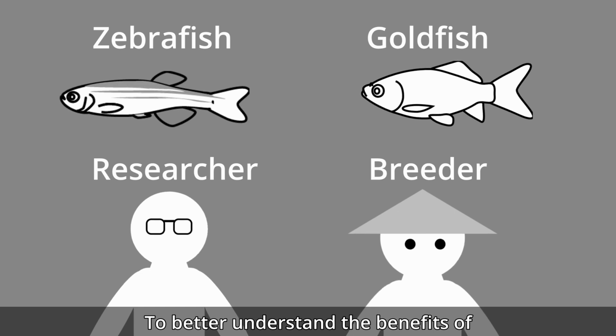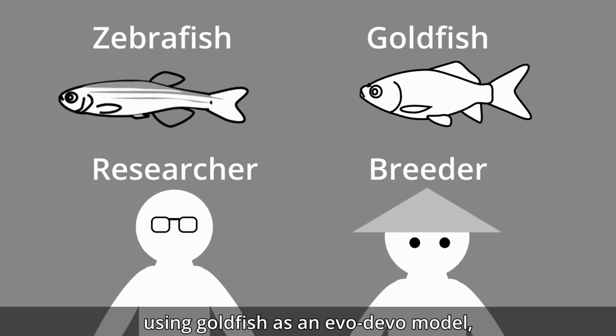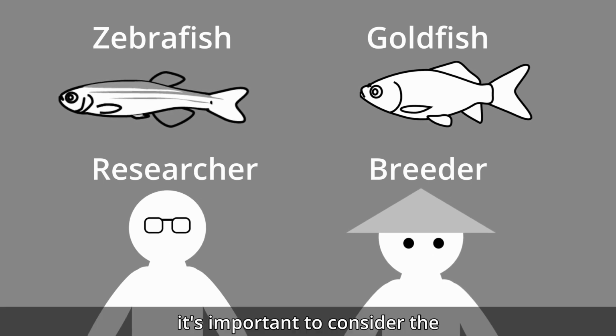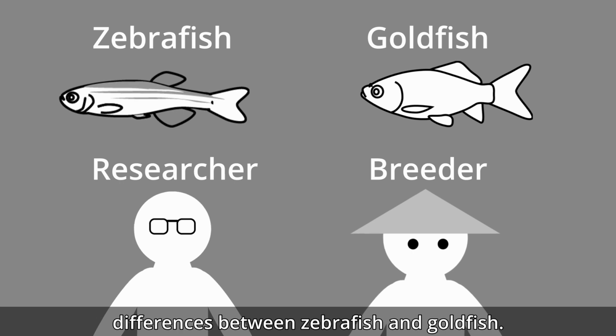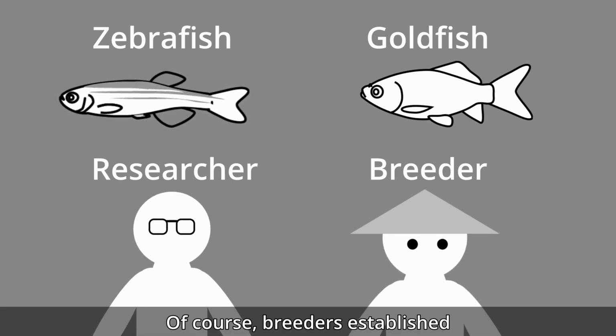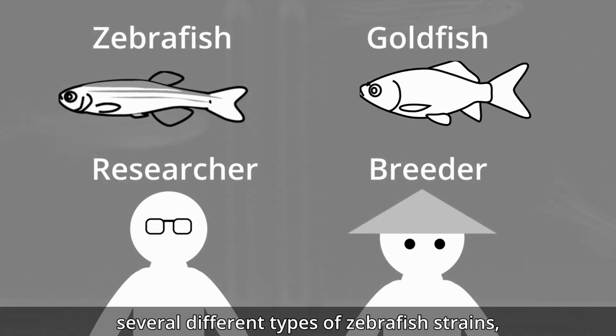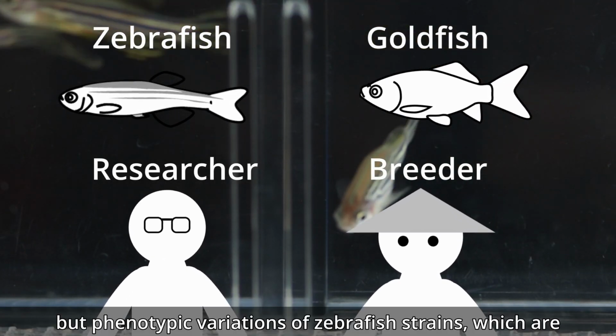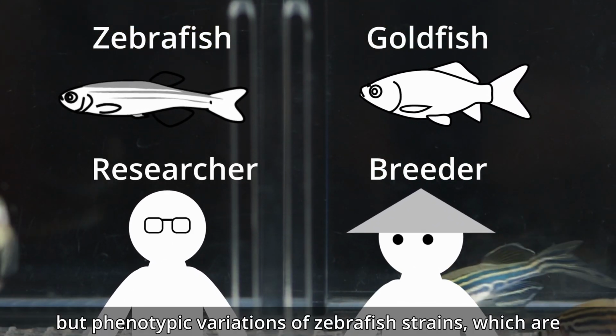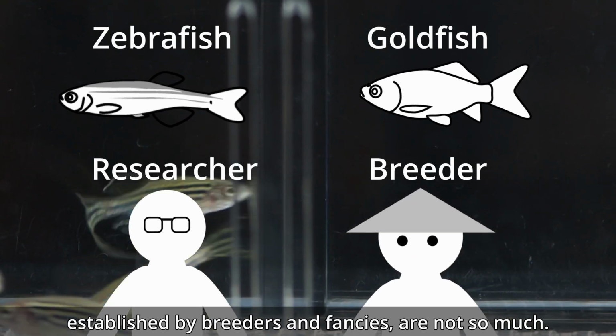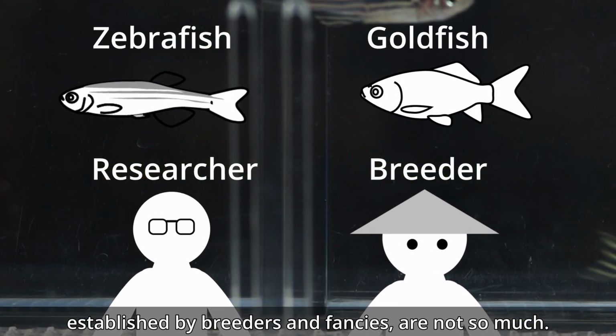To better understand the benefits of using goldfish as an EvoDevo model, it's important to consider the differences between zebrafish and goldfish. Of course, breeders established several different types of zebrafish strains, but the phenotypic variation of zebrafish strains established by breeders and fanciers is not so much.